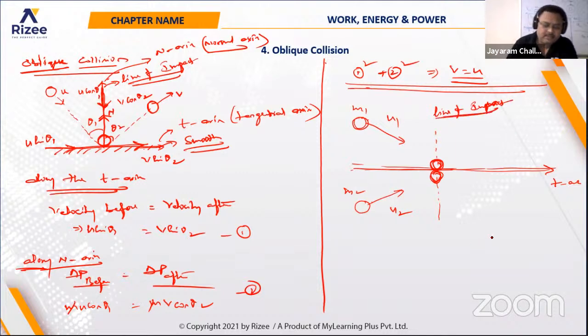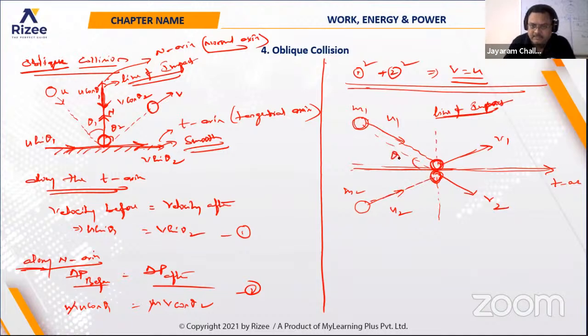Now, after collision, what can happen? They might be moving with certain velocities, suppose v1 and v2. Let the velocities before collision make angles theta 1 and theta 2 with respect to this line, and after collision alpha 1 and alpha 2. Apply the corresponding principles along the x-axis and y-axis.